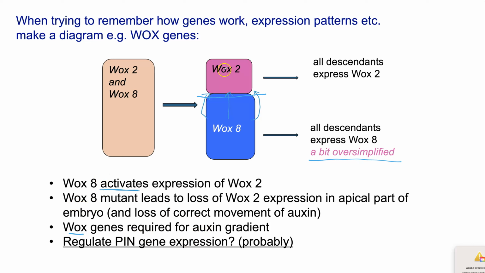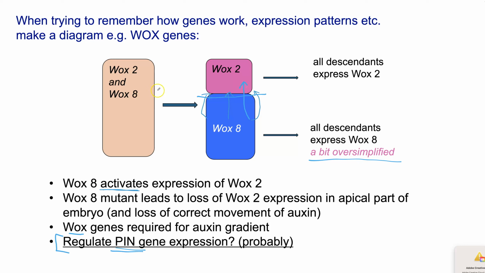WOX8 is required for WOX2's expression, and together there seems to be a regulation of especially the PIN gene expression. So they're responsible for activating and making sure that the PIN, the transporter proteins, are present and correctly localized, so that our auxin is going to go up towards the apical cell and the cells after that for a little bit.